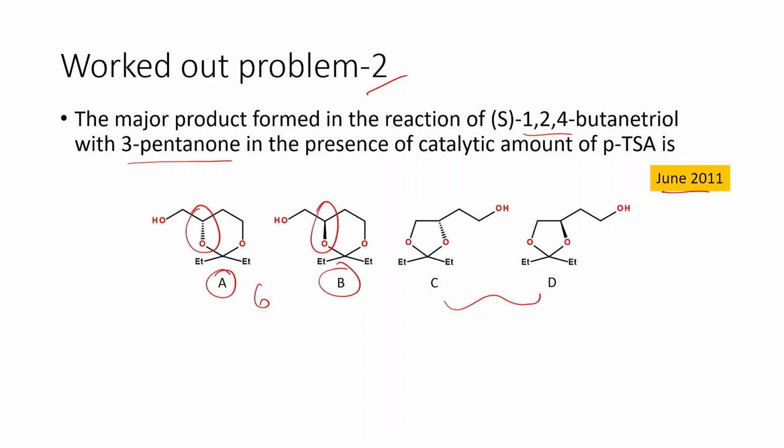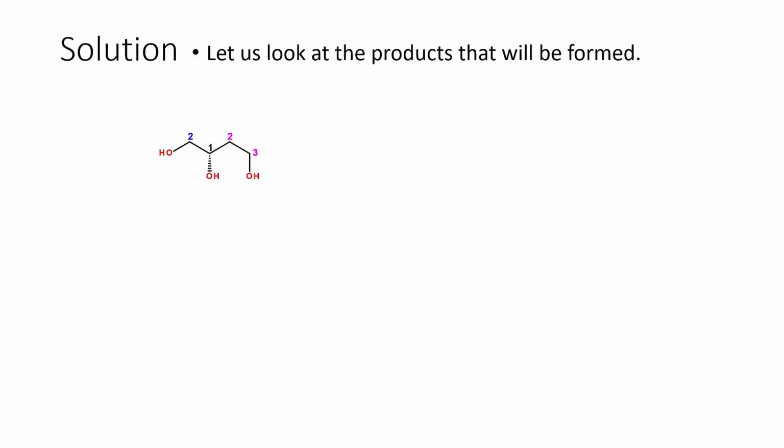In A and B, there is one hydroxyl group where the stereochemistry is inverted between the two products, and similarly in C and D, one of the hydroxyls which is protected as the acetal is inverted. So the protection is basically acetonide protection.